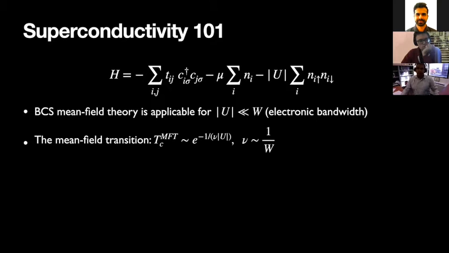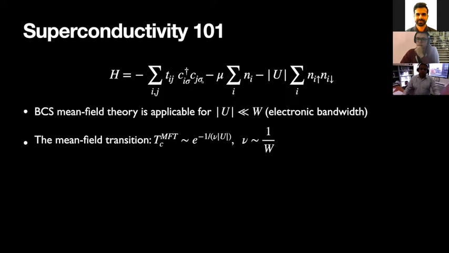This is what I call superconductivity 101, something that I assume a lot of you who have taken graduate level solid state physics have already seen. To make things concrete, let's start with a very well-studied and almost paradigmatic model. What I've written down for you here is some kind of Hubbard model. We can write it, let's say, on the two-dimensional square lattice, where the electrons hop around on the sites of the square lattice.